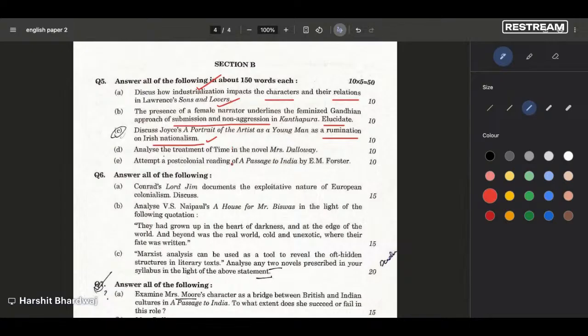Analyze the treatment of time in the novel Mrs. Dalloway. When you're reading Mrs. Dalloway, you cannot not understand the time. It's a story of 24 hours, but 140-odd pages. The actual time, the present continuous time, is the time that we spend with Mrs. Dalloway. But the time of the plot, the time of the story, is decades.